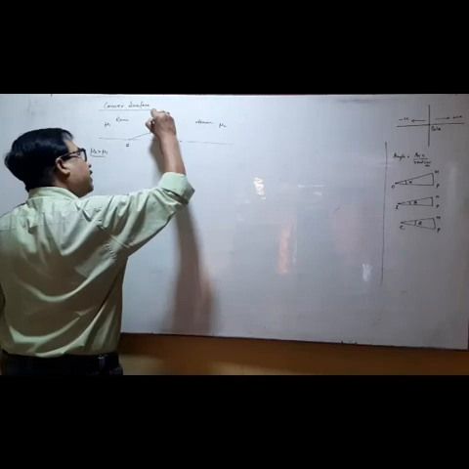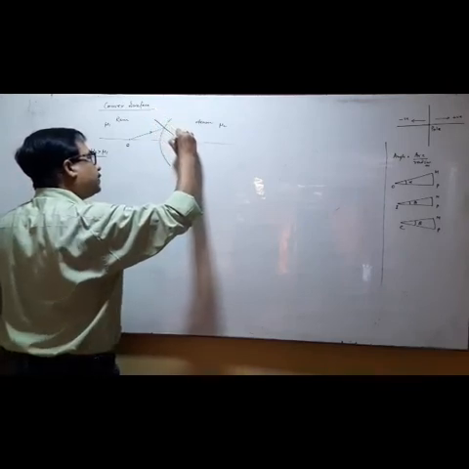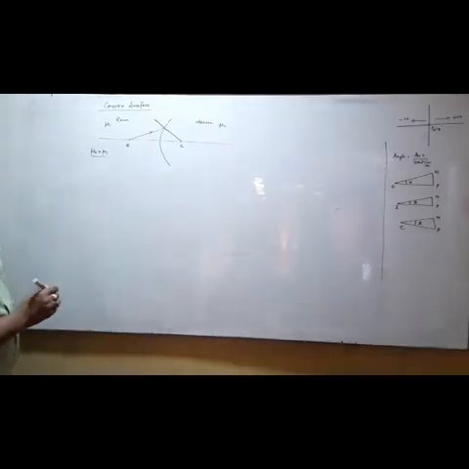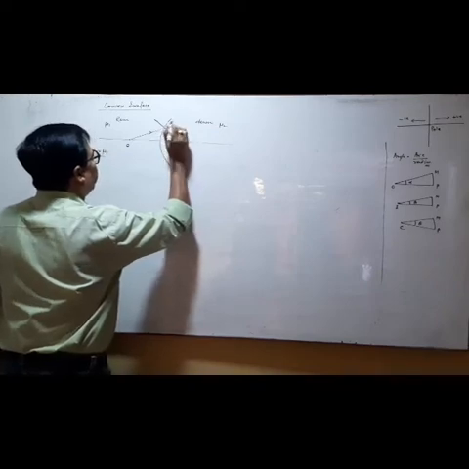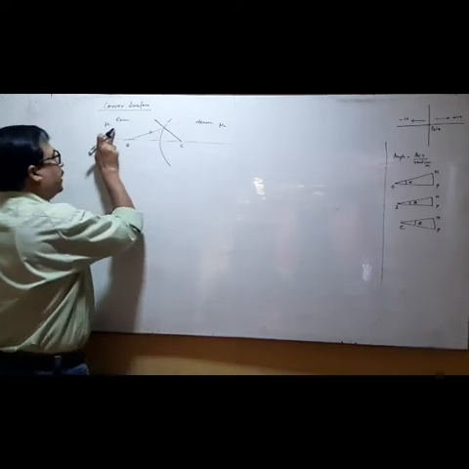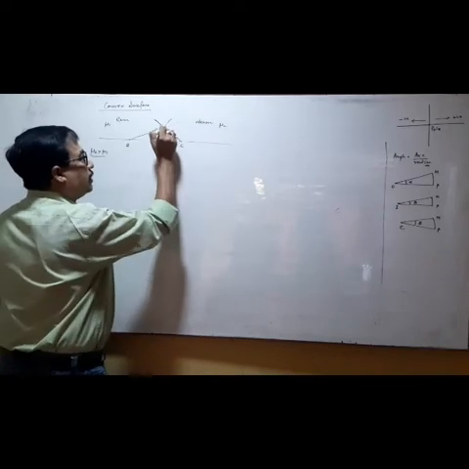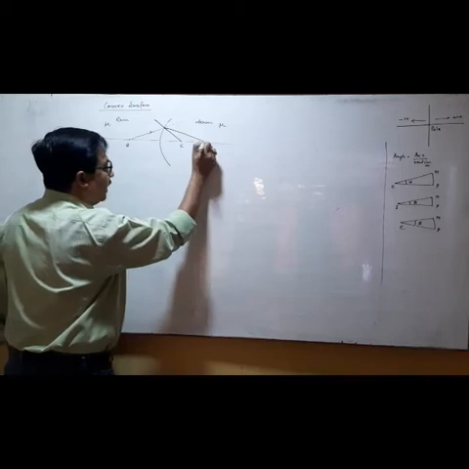If you put a line going to the center, that is the normal, and this is the original direction. After refraction, the ray passes from rarer to denser, so it goes towards the normal, and the ray touches the principal axis directly.